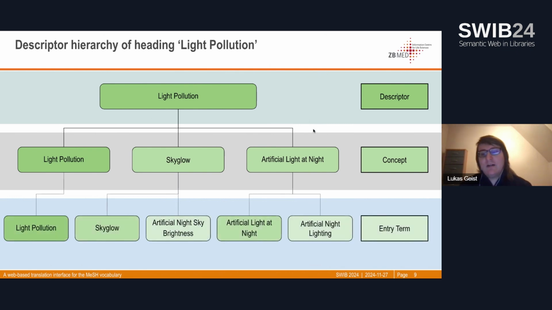And on the bottom layer are the entry terms. Those are the terms that are actually being translated. And we see that light pollution only links to light pollution, which is the preferred label for both the concept and the descriptor. For sky glow, we have sky glow and artificial night sky brightness. Sky glow would only be the preferred label for the concept sky glow, while artificial night sky brightness would be a synonym, and so on.